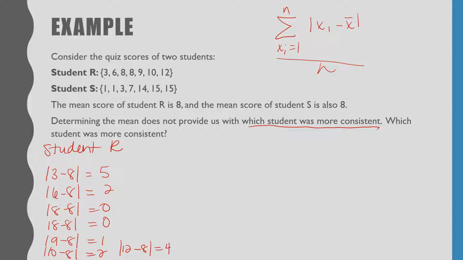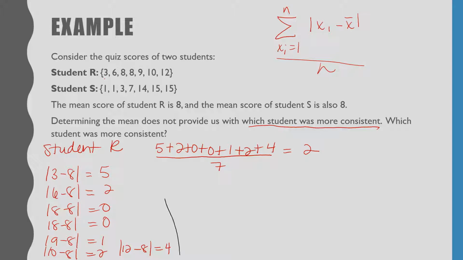Okay, so then we're going to take all of those values and add them together. So 5 plus 2 plus 0 plus 0 plus 1 plus 2 plus 4, and we're going to divide that by how many items we had. We had 1, 2, 3, 4, 5, 6, 7 test items. So when I add those together, I end up with 2 for my mean absolute deviation for student R.